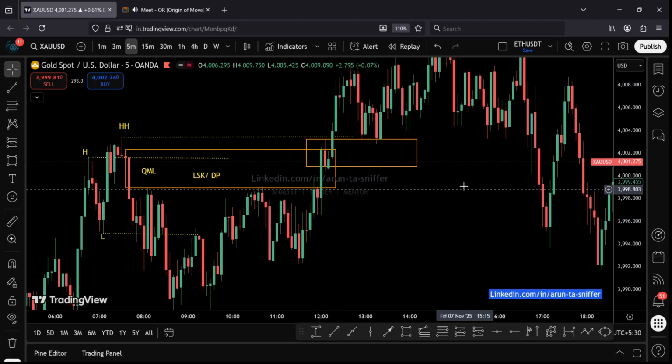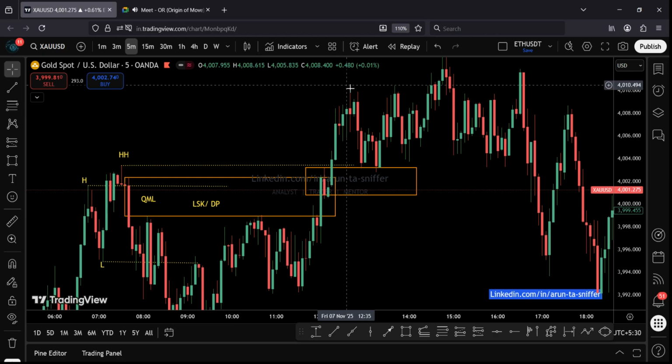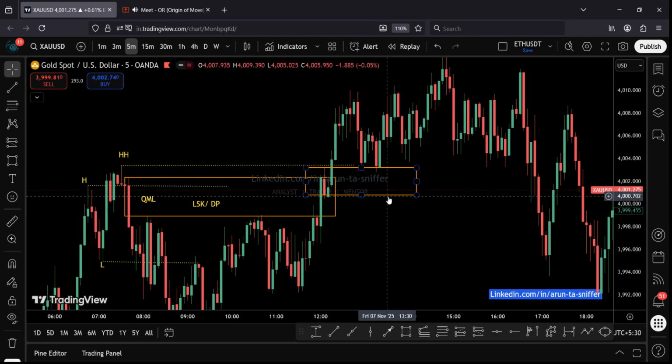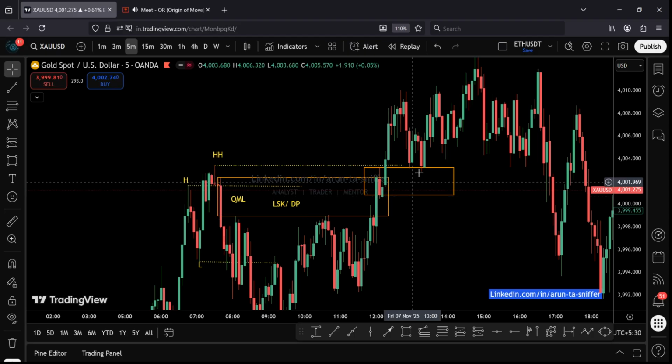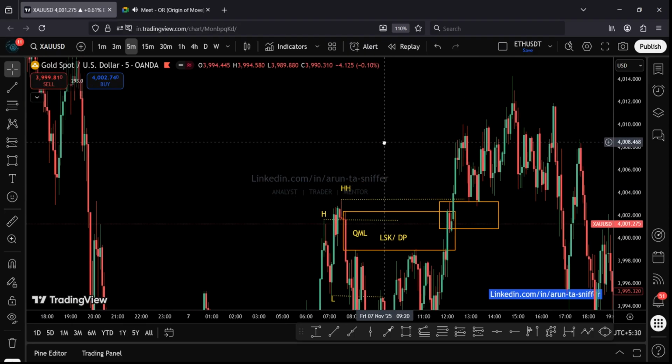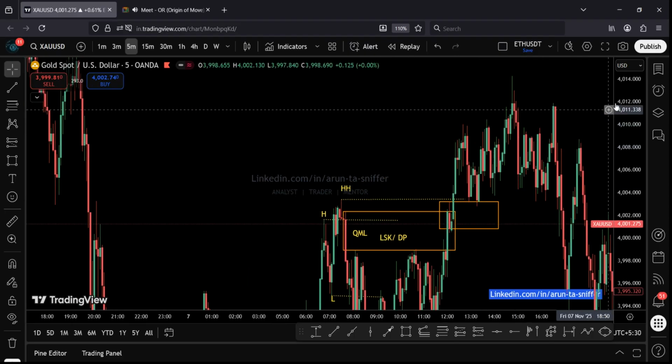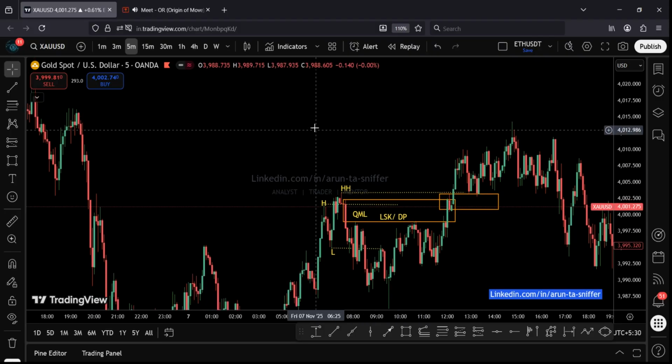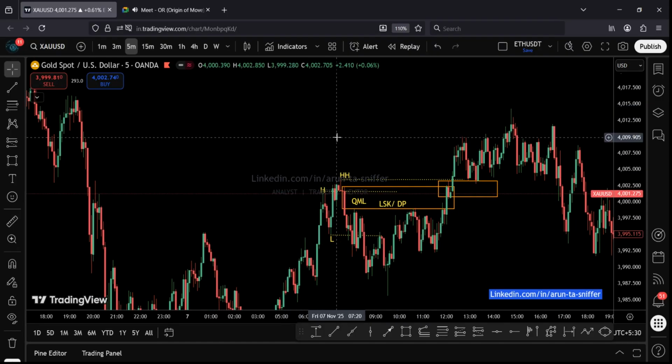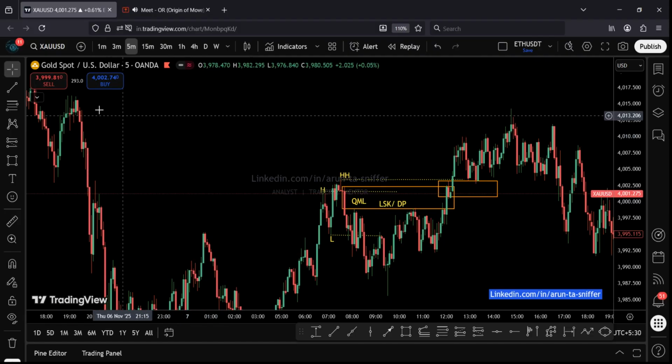So what happened? Price goes up, came down to this ignored QM level and goes up again. When it goes up again, what will we do? We will look at the left. Price has reached this level already. We will look at the left and see this one is our next level, right? This is our next level.